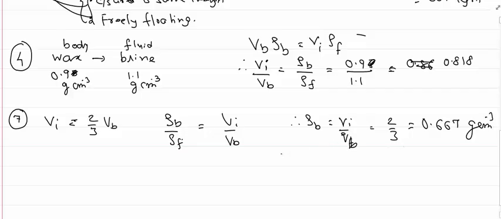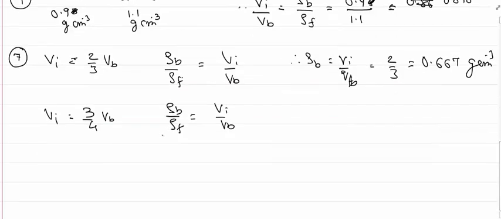The second part of the question says when the same block is placed in oil, 3/4 of its volume is immersed in oil, calculate the density of the oil. Now when we have oil, the immersed volume is equal to 3 by 4 of the total volume of the body. So rho B by rho F is equal to Vi by Vb. Now we have been asked to find out the density of the oil, so we want to find out rho F. Rho B is already known to us, because the density of the body will remain the same since it's the same object. So whatever density of the object I have found over here, I will use it over here.